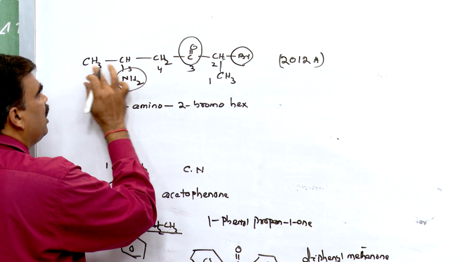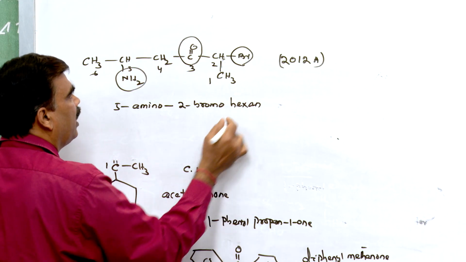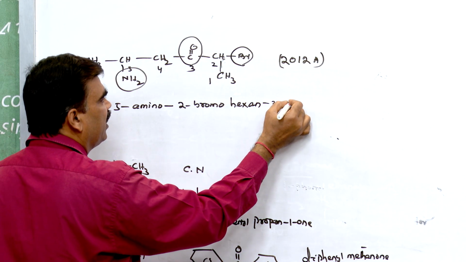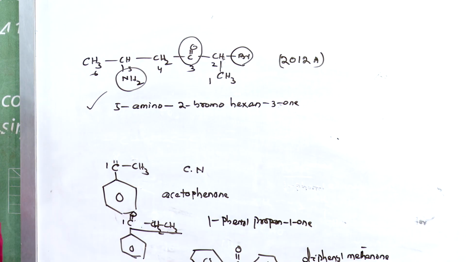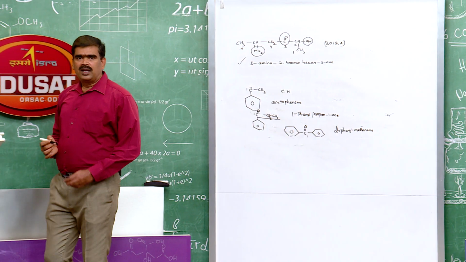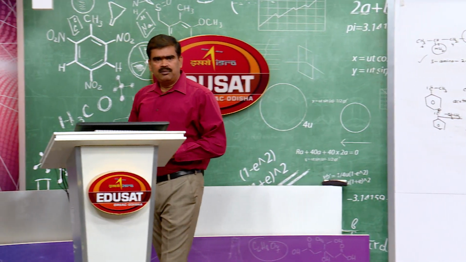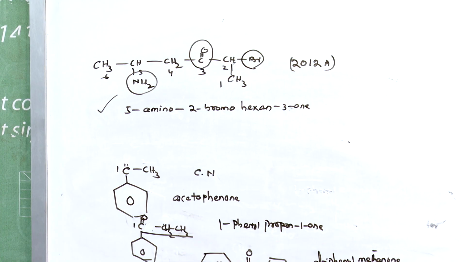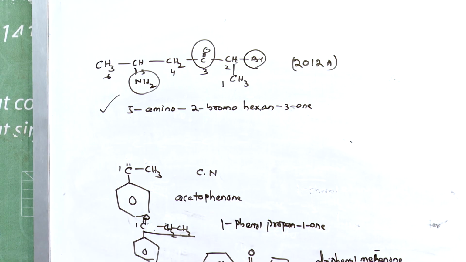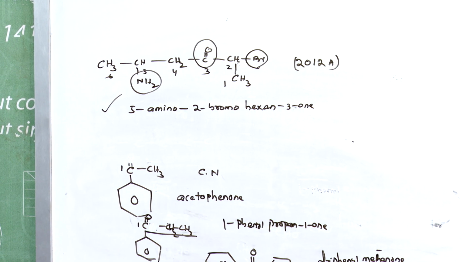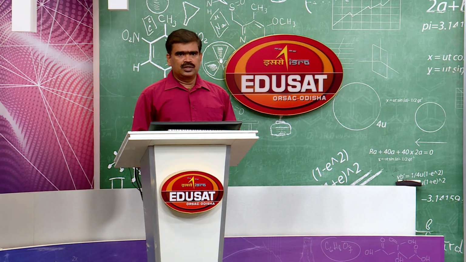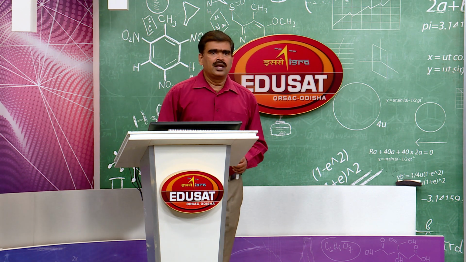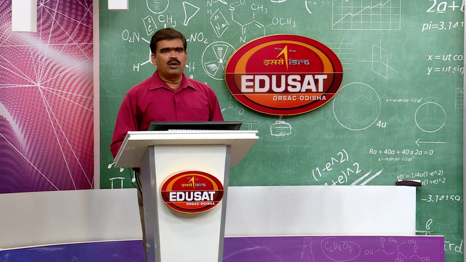There are only single bonds between them, an, and at third position this is one, so 3-one. So, this was asked in the 2012 annual CHSE examinations. I am sure that you can answer all the kinds of nomenclature that are likely to be asked in the coming examinations. Okay.